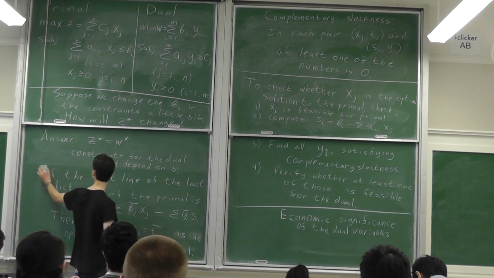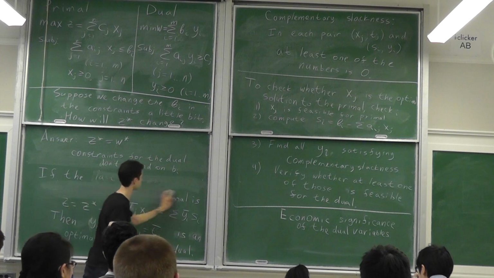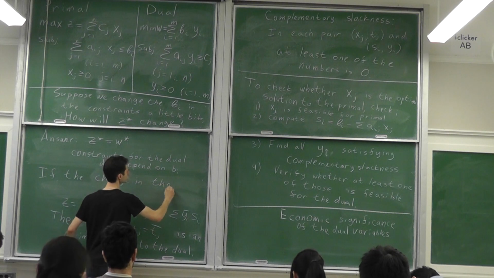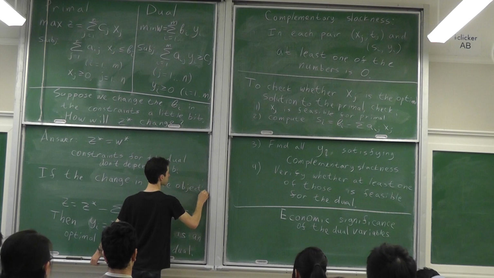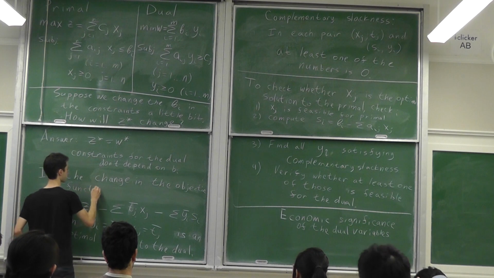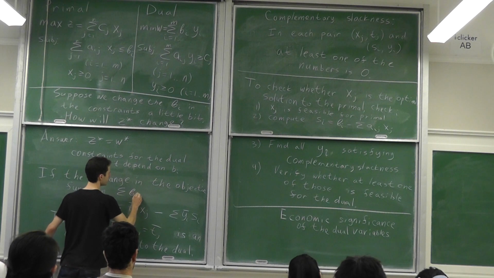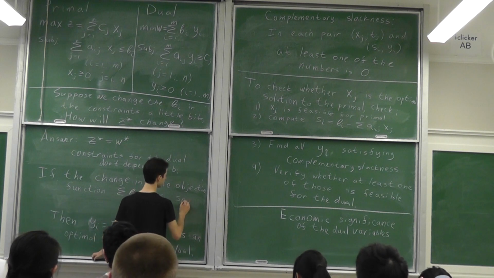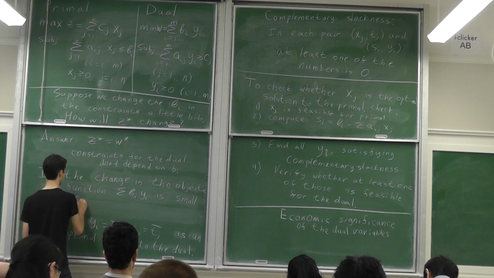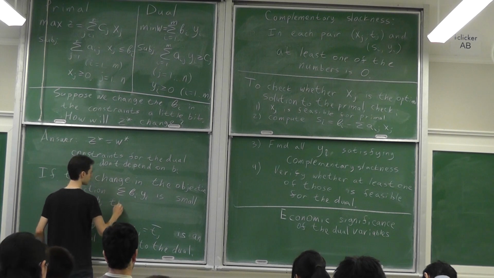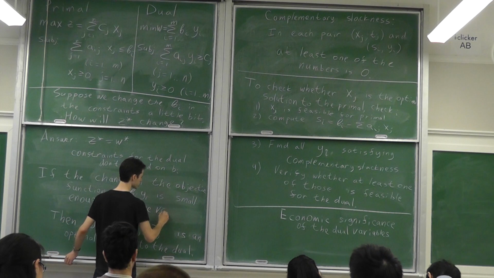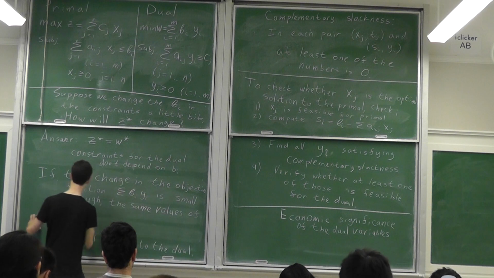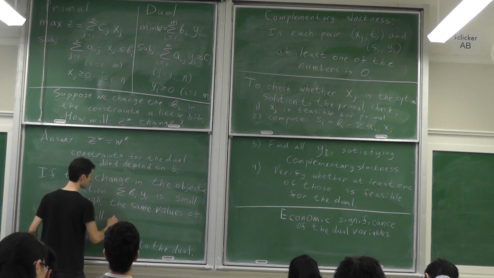So if the change in the objective function, the sum of vi yi, is small enough, the same values of yi will give the optimal solution.